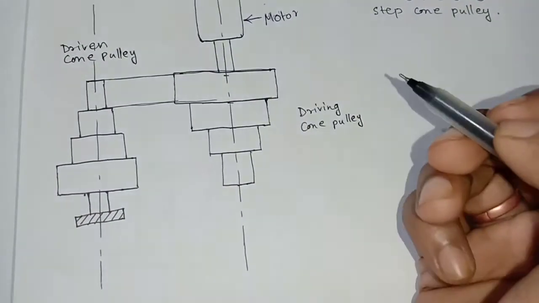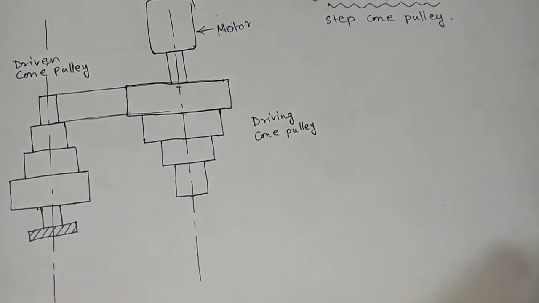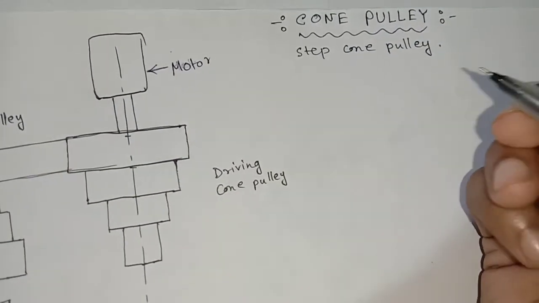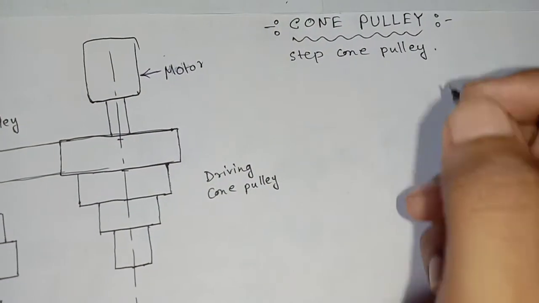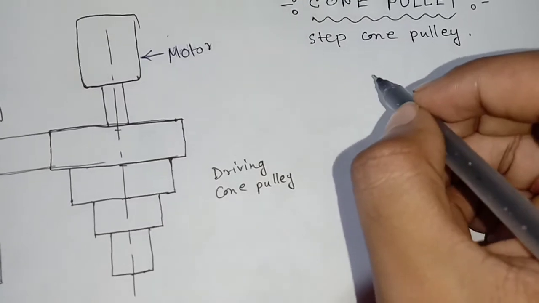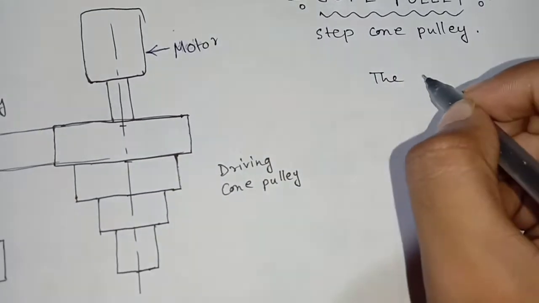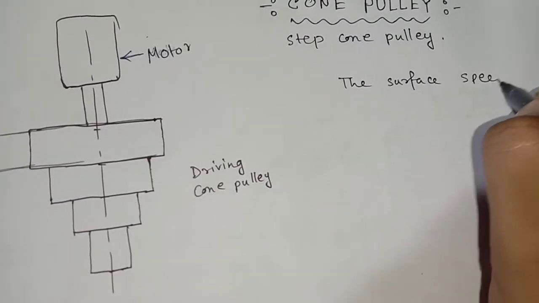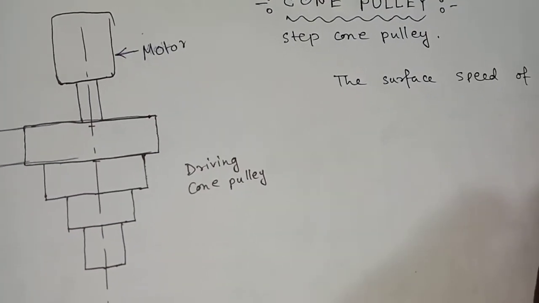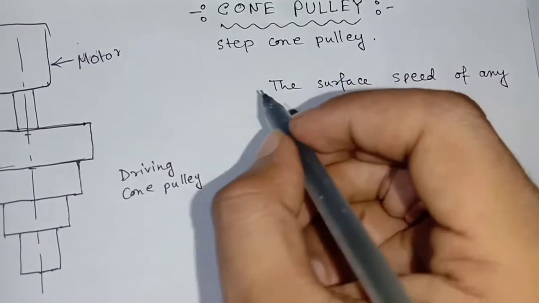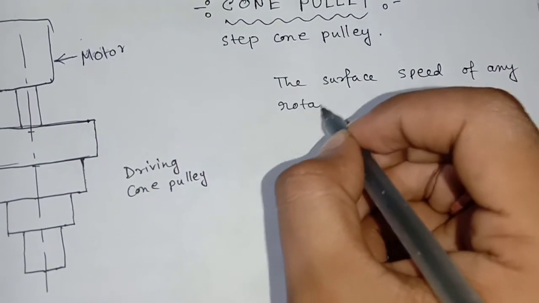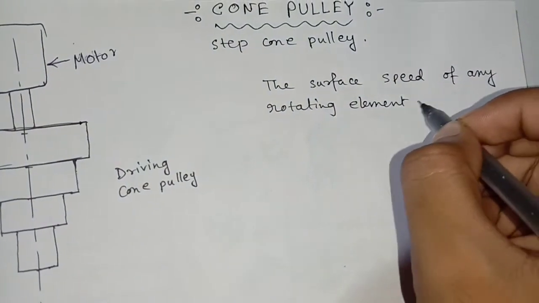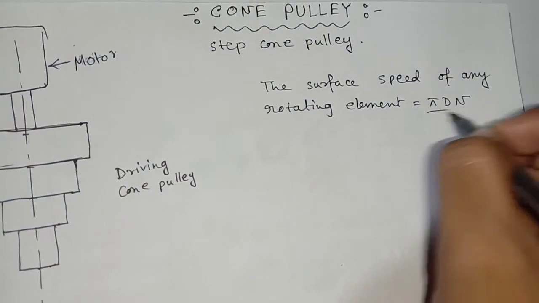Okay, first of all, we all know the surface speed of any rotating element. The surface speed of any rotating element is equal to pi dn.